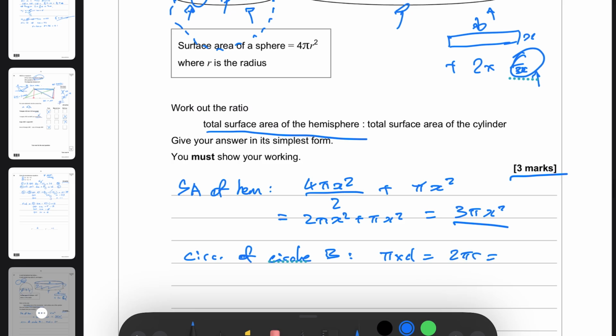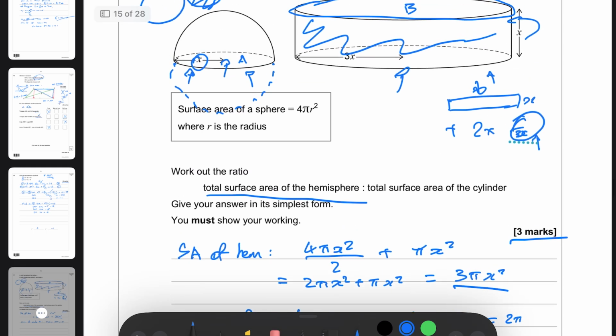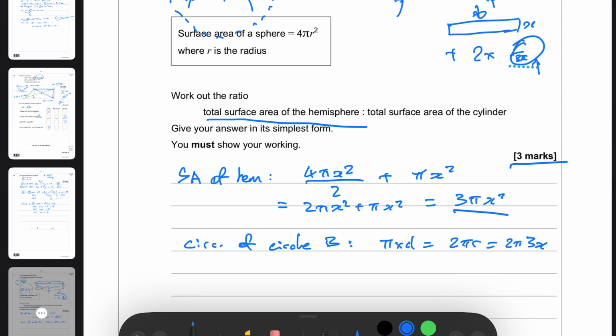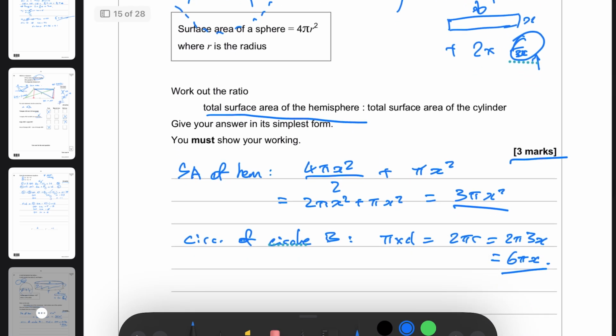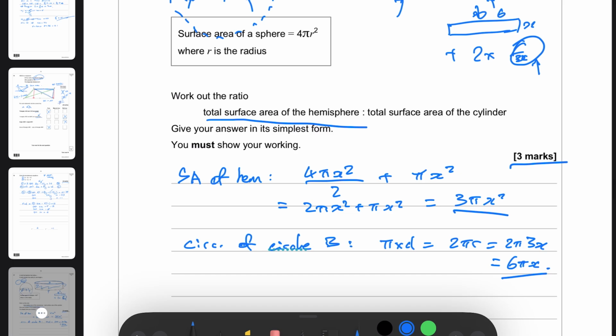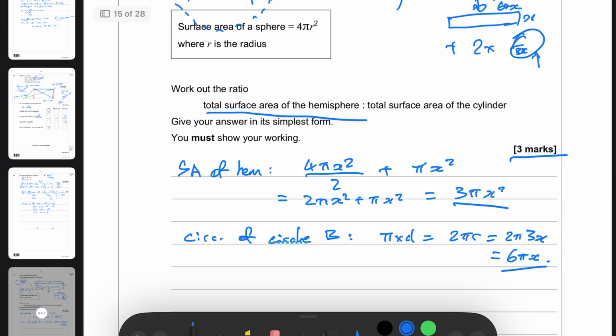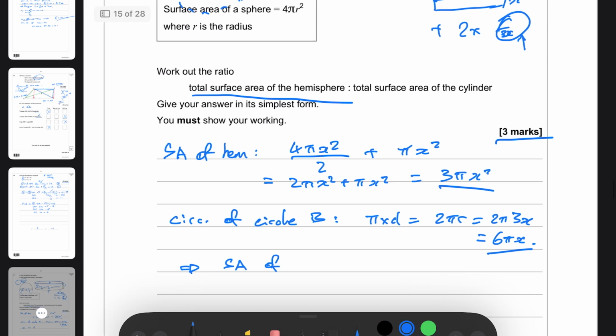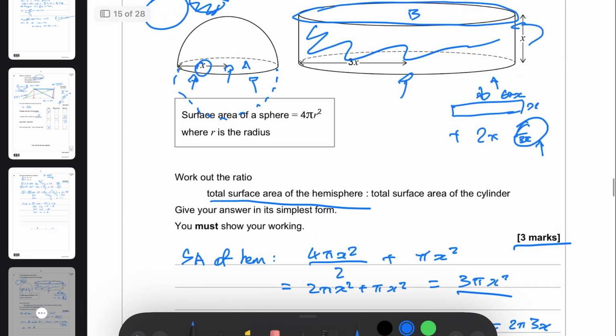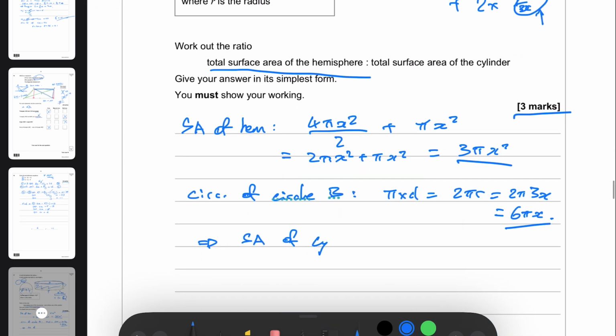which is equal to 2 pi r, which is equal to 2 pi times the radius, which is 3x, which is equal to 6 pi x. And then so we have this length, which is 6 pi x, which gives me the surface area of this cylinder.